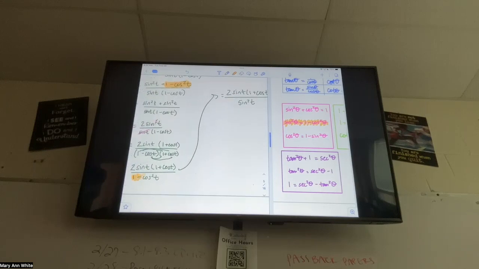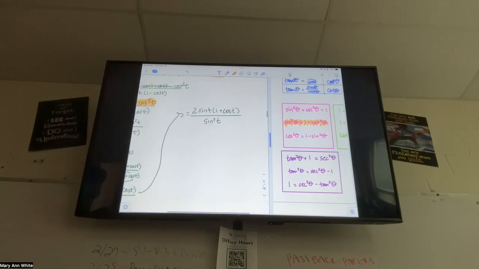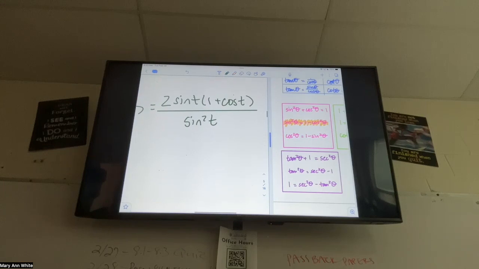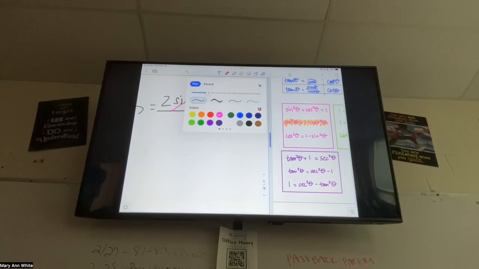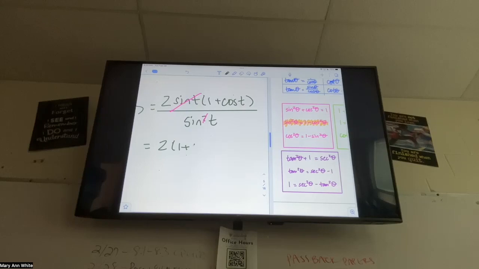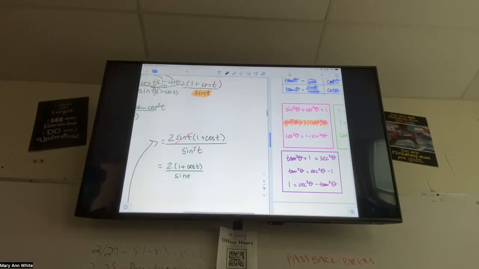Why is that helpful to us? What am I allowed to do on this next step? Cancel out, good. That sine on top goes away, and I've got just 1 sine on the bottom instead of sine squared. 2 times 1 plus cosine of t all over sine of t. Did we make it to where we wanted to?